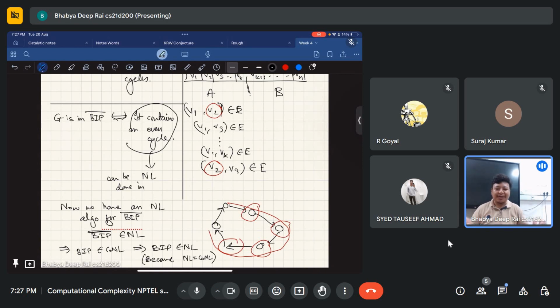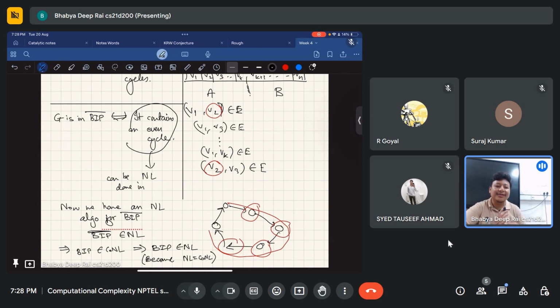We just showed that bipartite is in NL by showing that bipartite is in co-NL first. So this is an important strategy to actually show things are in NL. There are some things that can be easier to capture using co-NL.